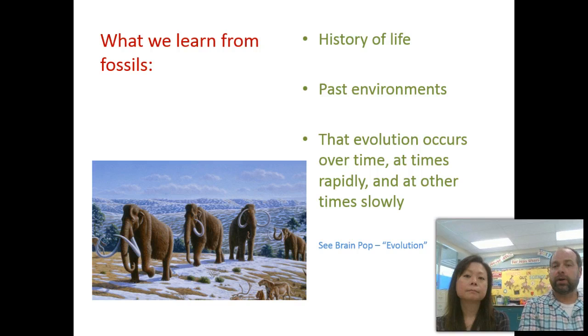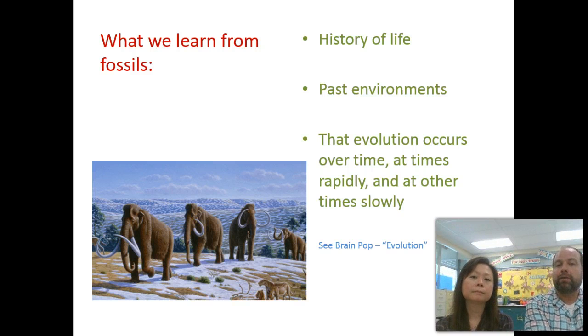It would occur in more of a damp, warm climate. So the fossils give us evidence about how life was in the past: what type of animals, what type of plants, and what type of environment there was. So the fossils help us learn about the past environment.